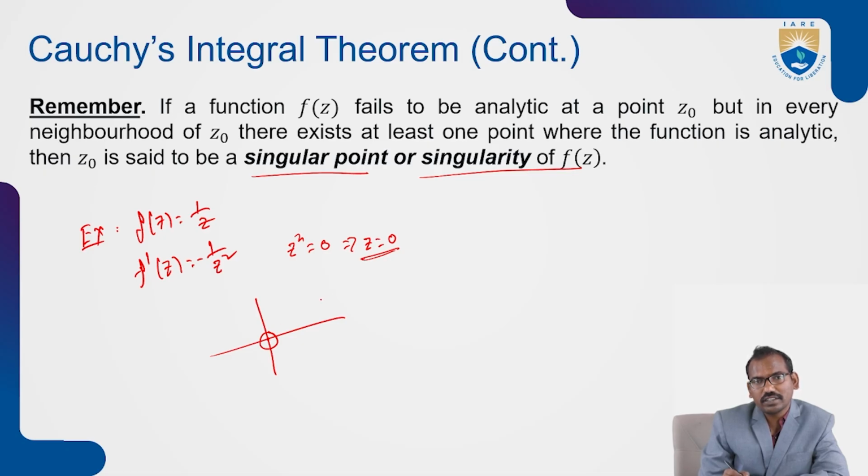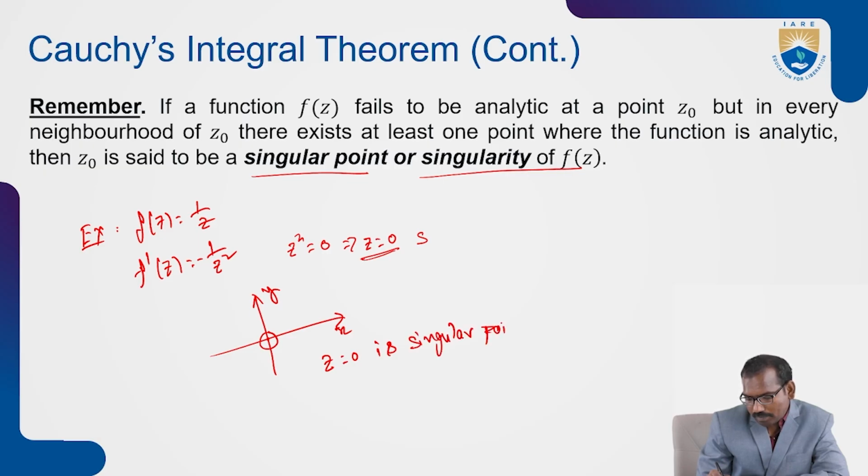Hence, z equal to 0 is a singular point for f of z equals 1 by z. This is the x-axis and this is y.